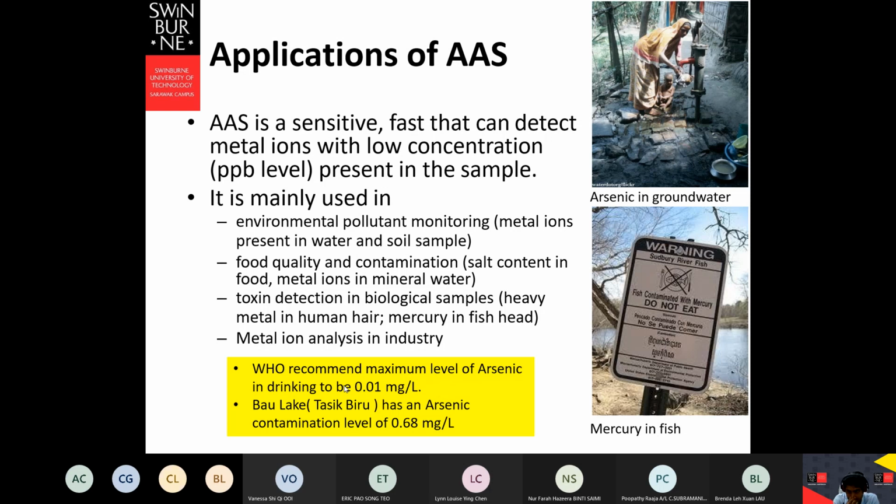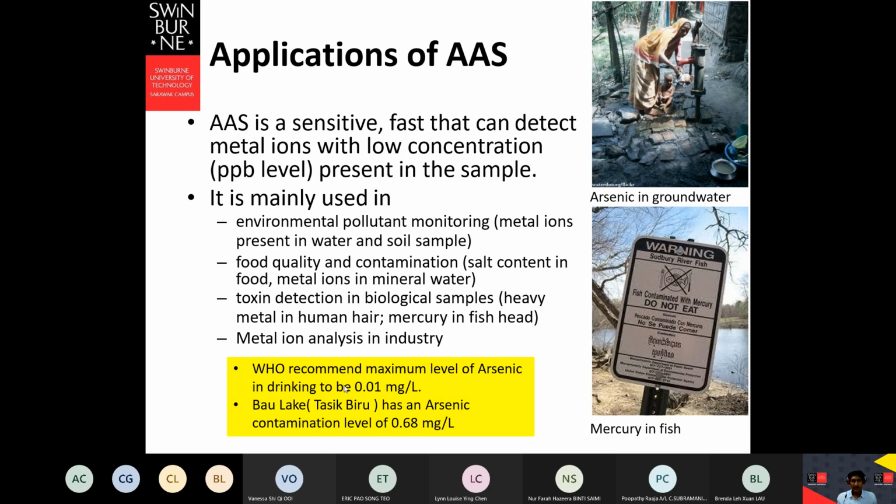If you have heard about arsenic, it's a poison. If even a very small amount in the water goes into our body, it produces cancer, and that's why it has to be detected.